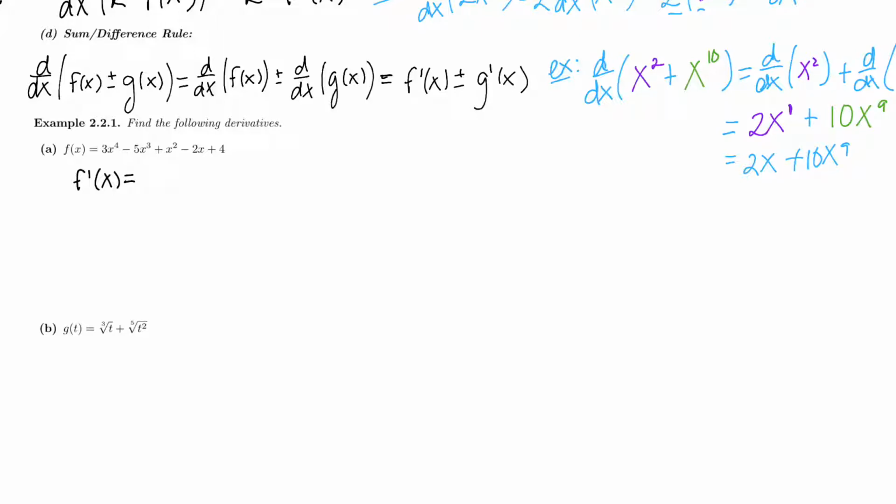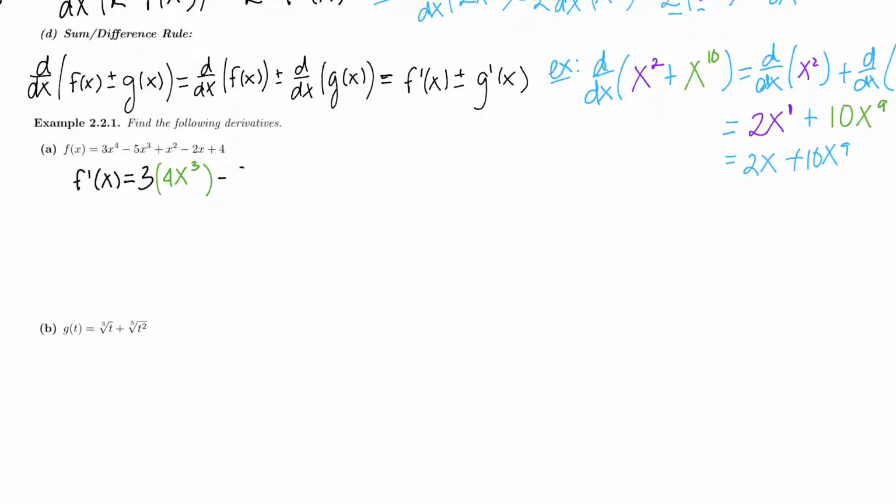So this constant, 3, I'm just going to leave alone for now. And then, let's use green. For the x to the 4th part, I'll take that derivative. So I'll take his exponent down, and then I will lower his exponent by 1. So 4 minus 1 is 3.